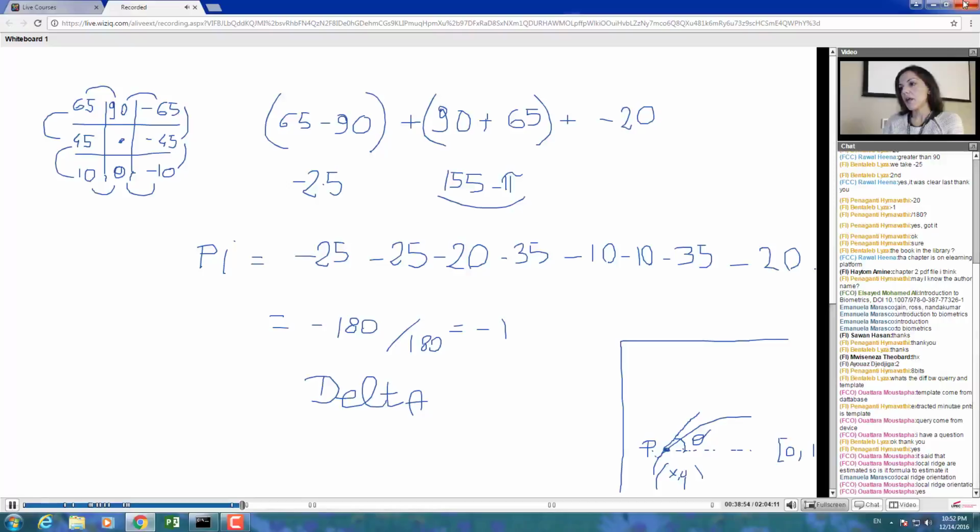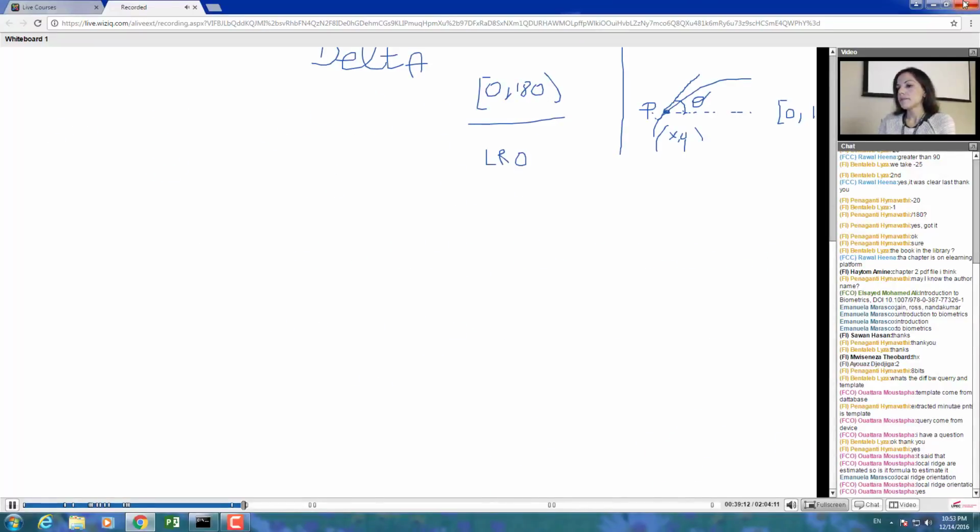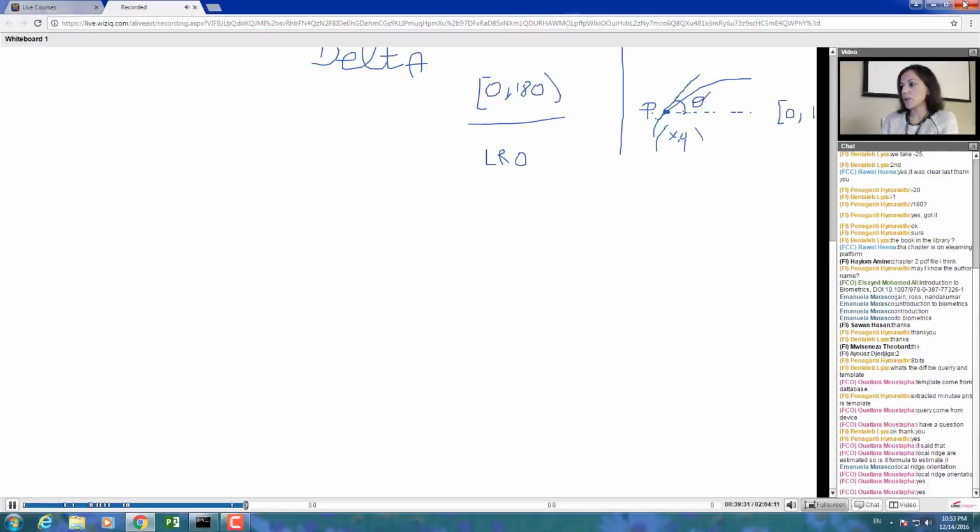So 0 to 180 is the range that we can consider for the local ridge orientation. If theta is, on the other side, more than 180, we normalize in this way. So is it clear now? I think so. Just let me know if I answered clearly. Yeah, so very good. So we can go ahead.